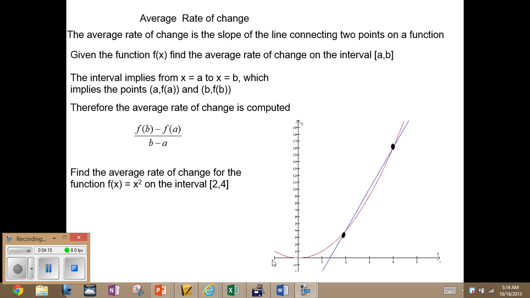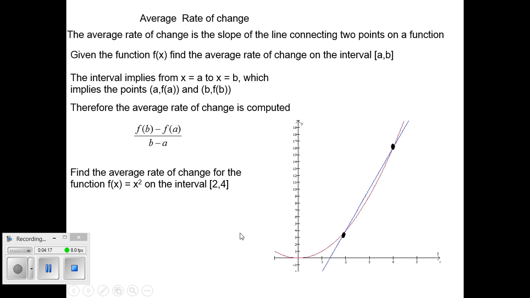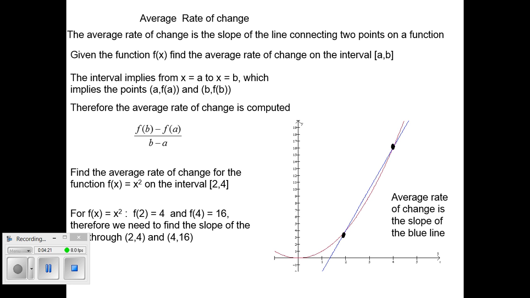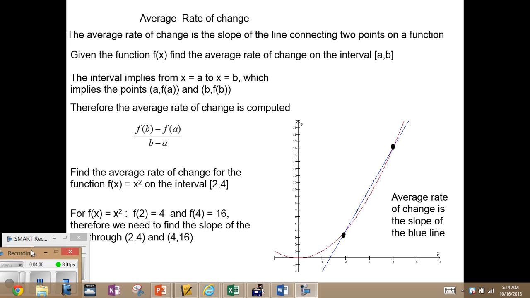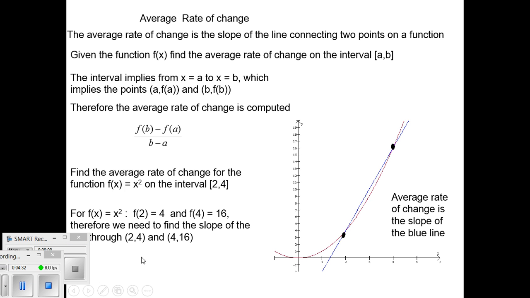So again, what we need to do is find the slope of this line, basically the slope of the line between the points 2, 4 and 4, 16. That is the corresponding y coordinate.